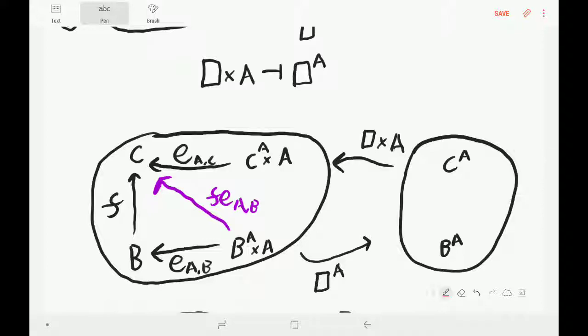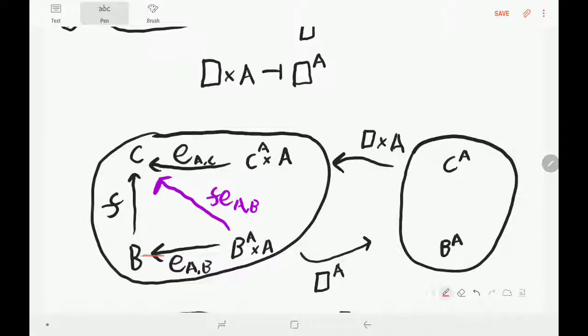Well, what we're going to do is we will work out what this exponentiation does on B and what it does on C. In other words, we'll get a terminal morphism from blank times A to B, and that'll give us B to the power of A, and this evaluation arrow here from B to the power of A times A to B. And we'll do similar with C. Okay, so we get this stuff.